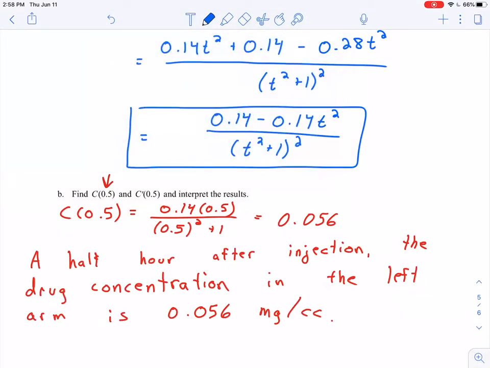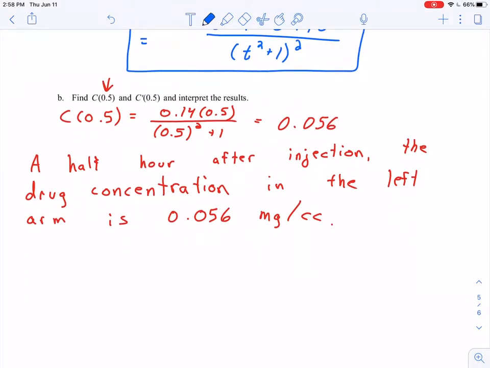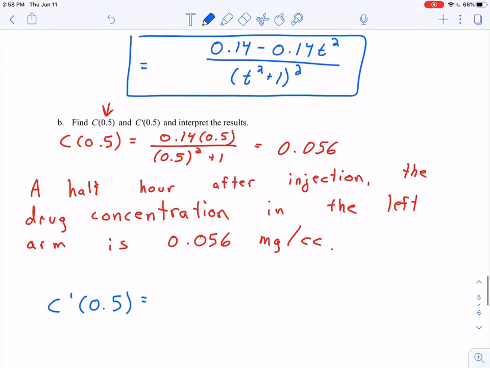However, when I go to find c prime, that's when I talk about rate of change. So let's find c prime of 0.5 now. So c prime of 0.5, and I'm going to plug that into the derivative that I found just in the last step.